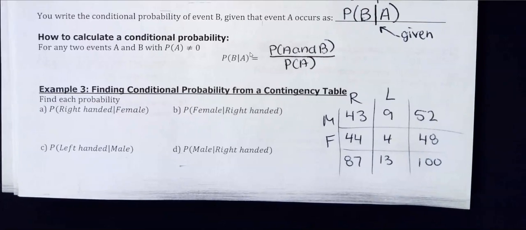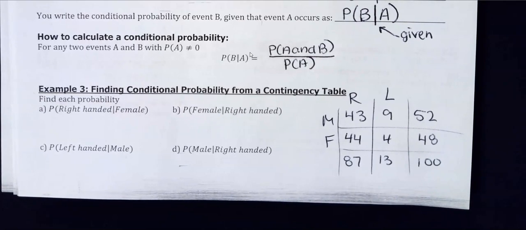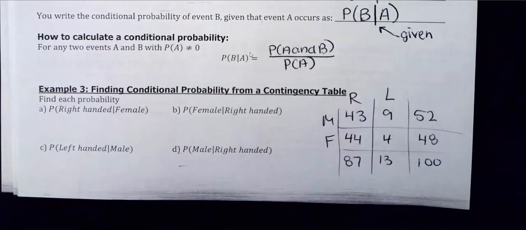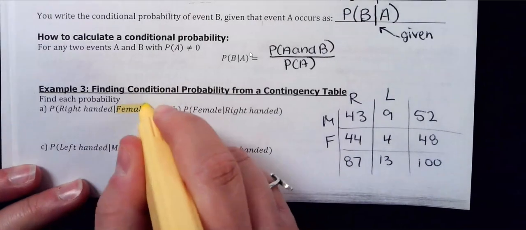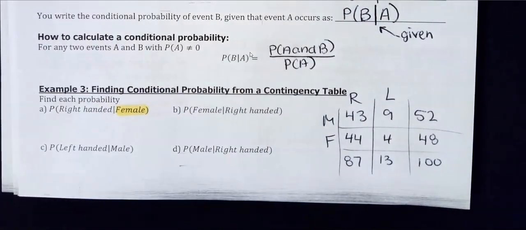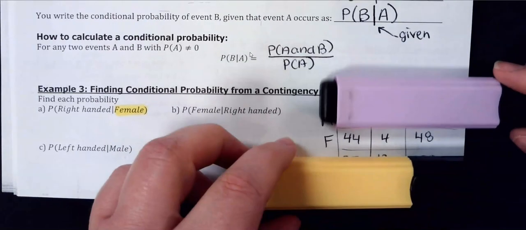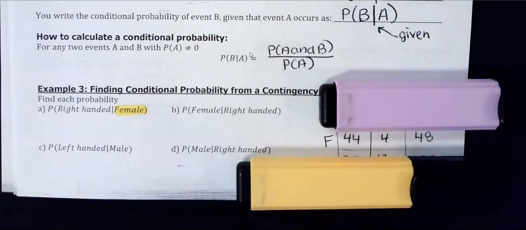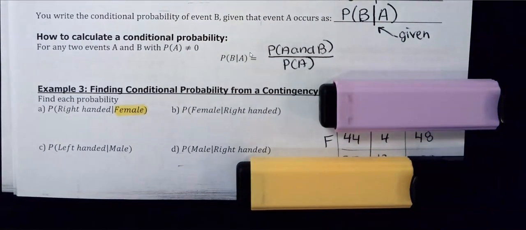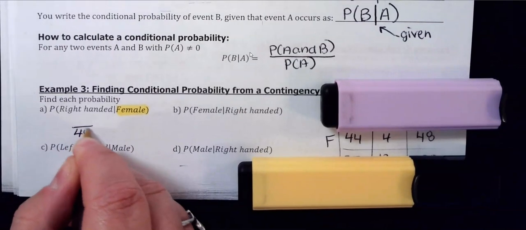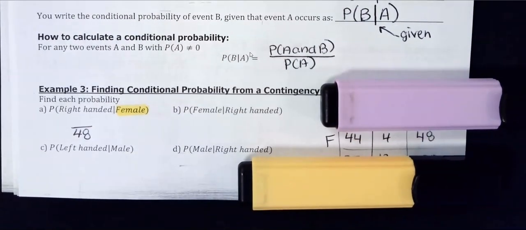Okay, now, here's the deal. Whatever you're given, so this first one says the probability you're right-handed given that the person is female, you only want to look at that part of the table. So I'm being given that the person I selected is female. So what would always go on the bottom of the fraction would be the total from that row.